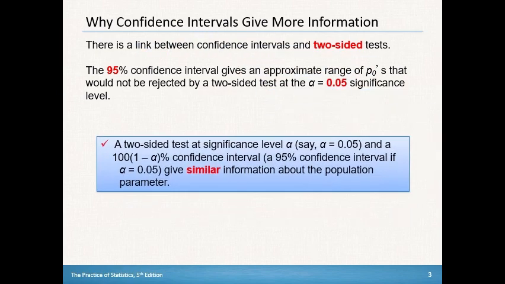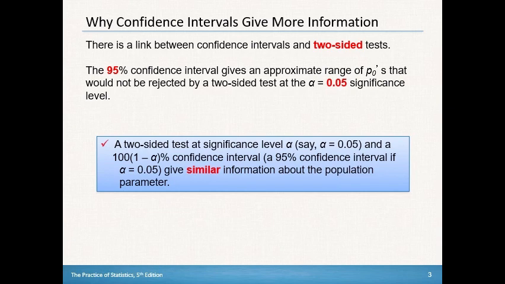All right. So a two-sided test at significance level alpha, usually 0.05, corresponds to a 1 minus alpha confidence level, so a 95% confidence interval. If we're using a 5% alpha, the corresponding thing would be a 95% confidence interval. They'll give similar information about the parameter.